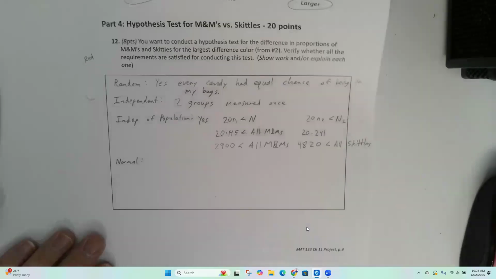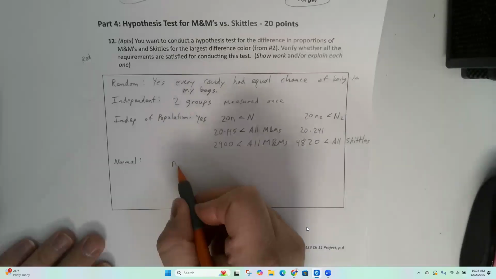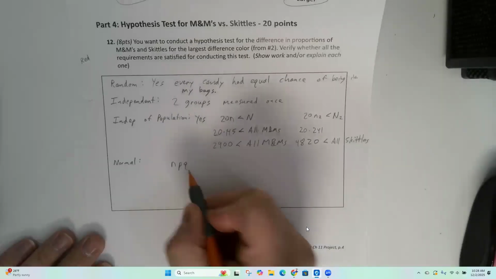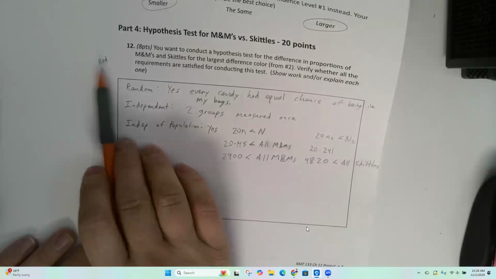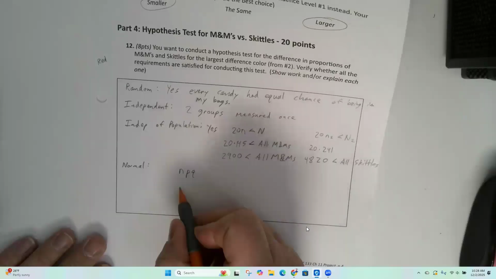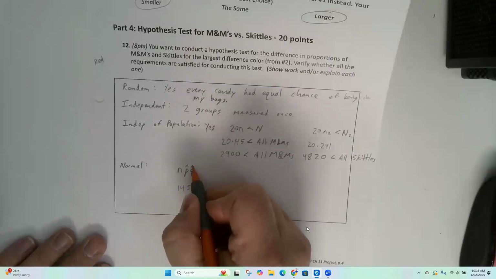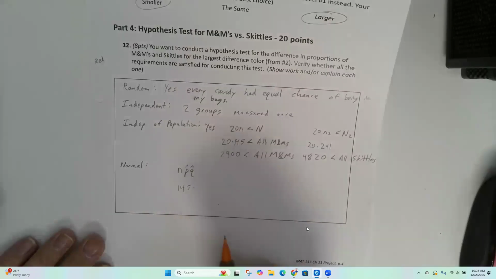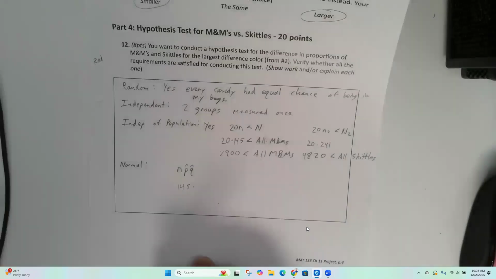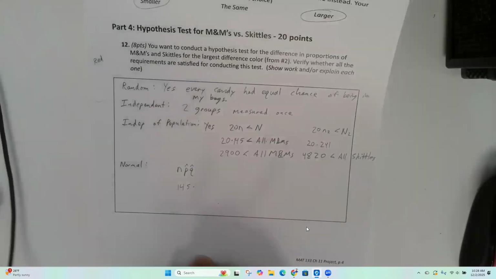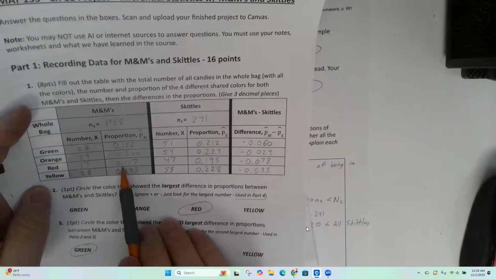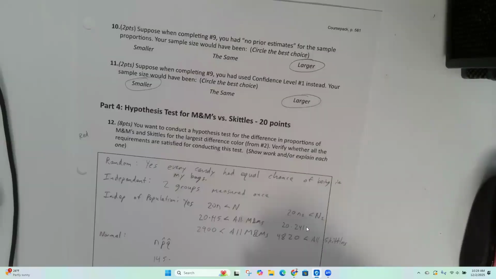All that is the same as what we did when we were looking at confidence intervals. The different part is going to happen here because now I'm not looking at green anymore. I'm looking at red. It's very similar though. P hat, Q hat for this. My red P hat was 0.117.